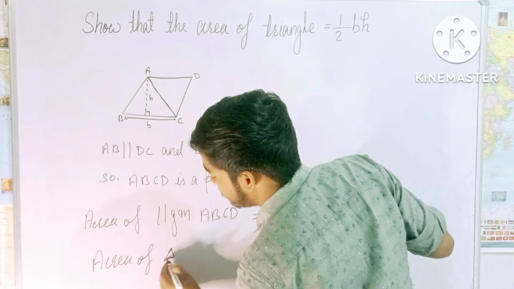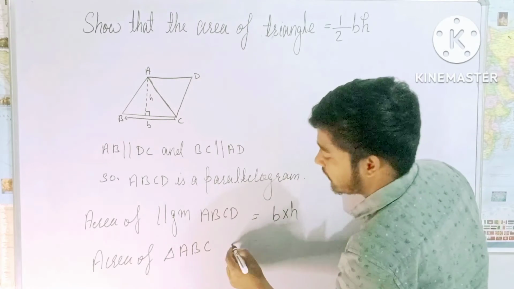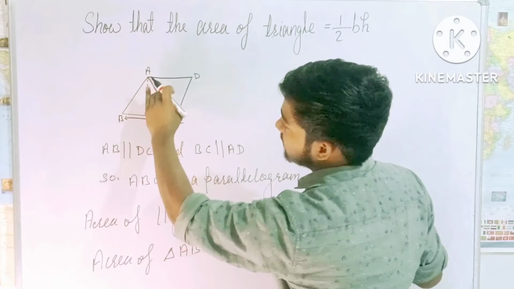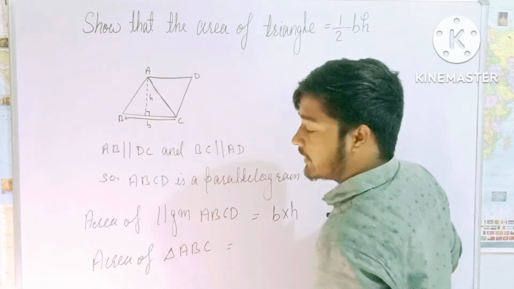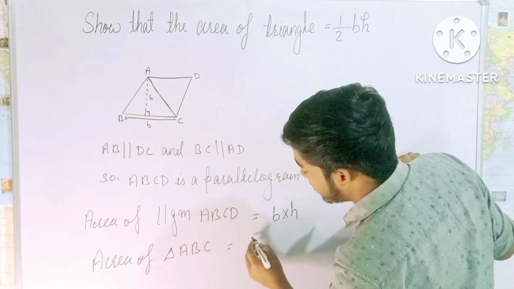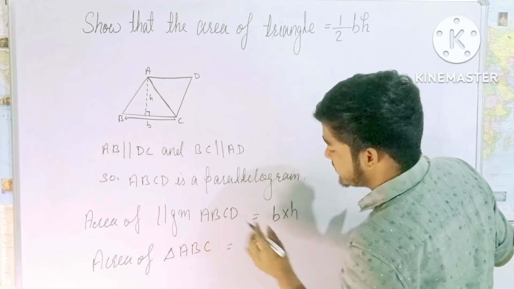We know that the diagonal of a parallelogram divides the parallelogram into half. So what will be the area of triangle ABC? As we know, the diagonal of a parallelogram divides its area into equal parts, so the area of triangle ABC is half of the area of ABCD.